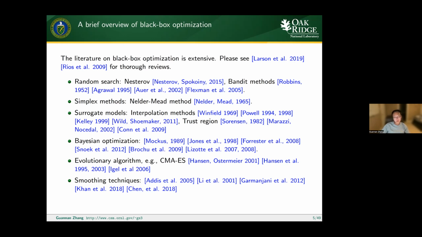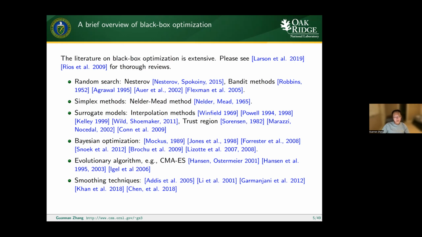The reason it's popular is that it involves some kind of uncertainty, and it does not require any structure at all, so it's very flexible to use. But the downside of Bayesian optimization is that it cannot handle very high-dimensional problems.